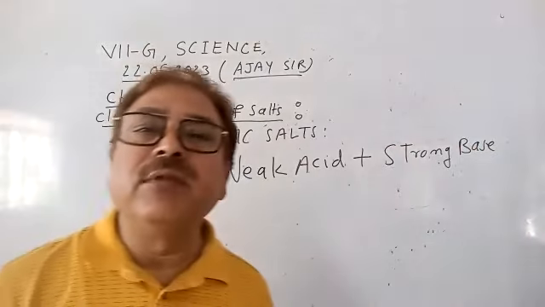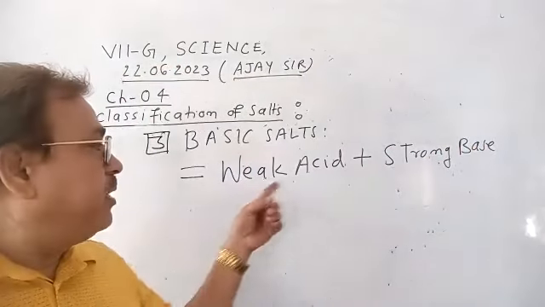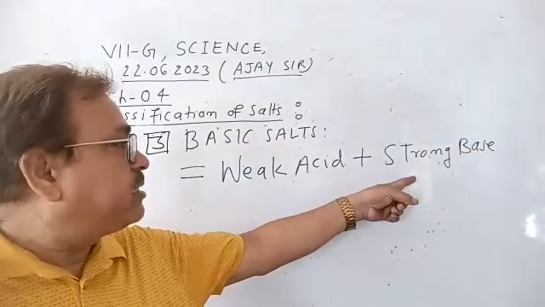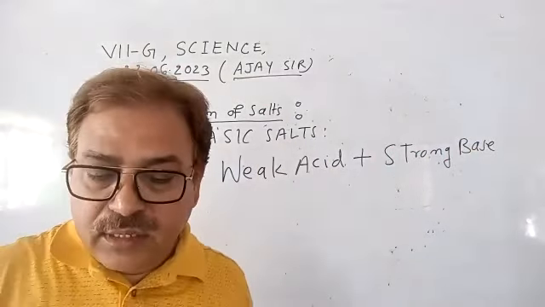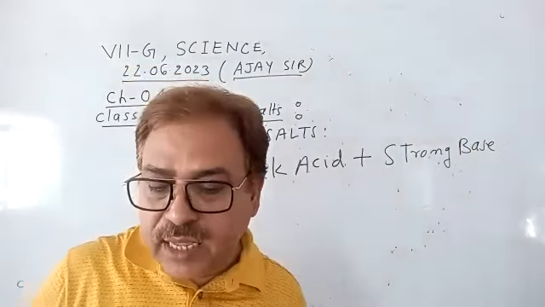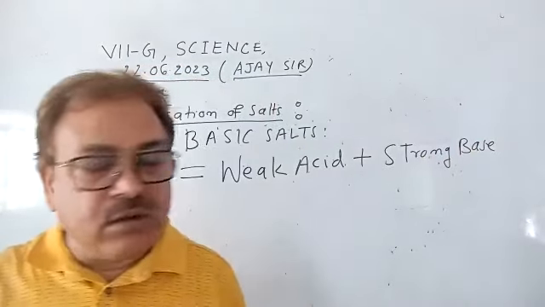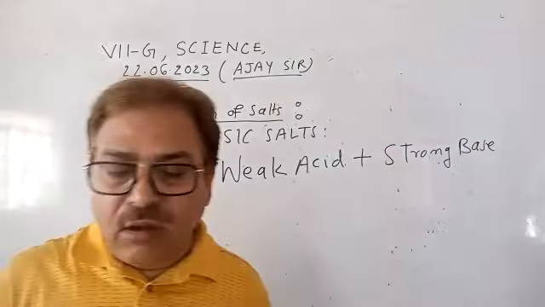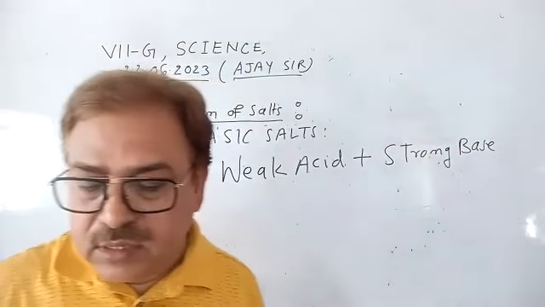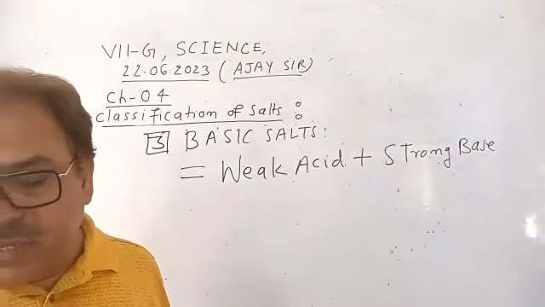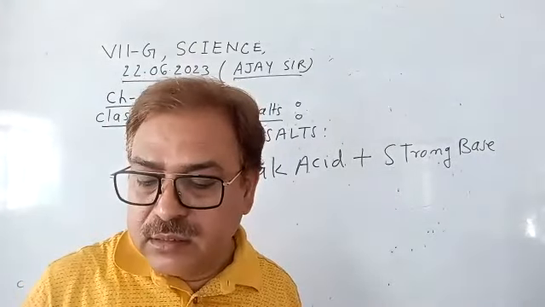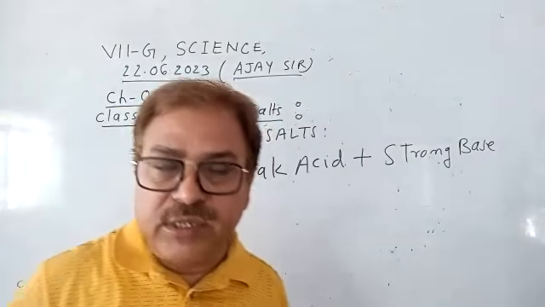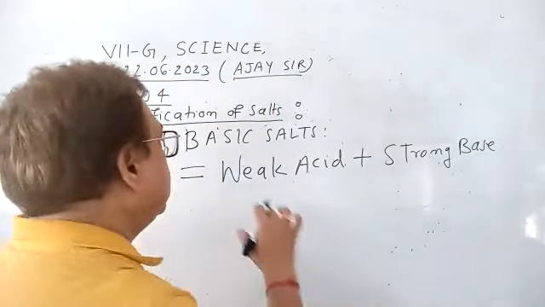Remember this formula that I have written. Weak acid reacts with strong base to give basic salt. The salt formed by the reaction between a weak acid and a strong base is called basic salt. The solution of basic salt in water changes the color of red litmus to blue.